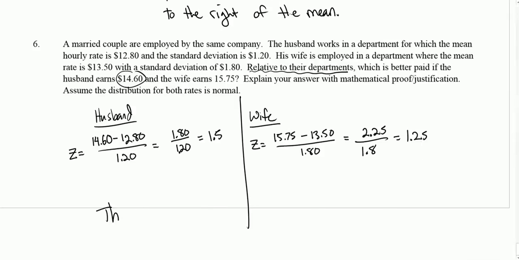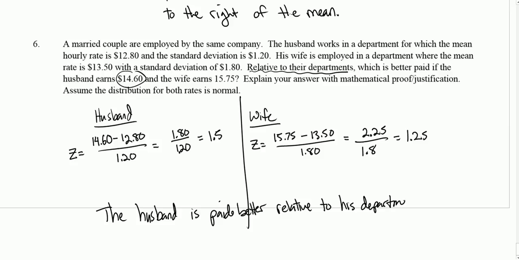So the husband is paid better relative to his department since his z-score is larger than the wife's.